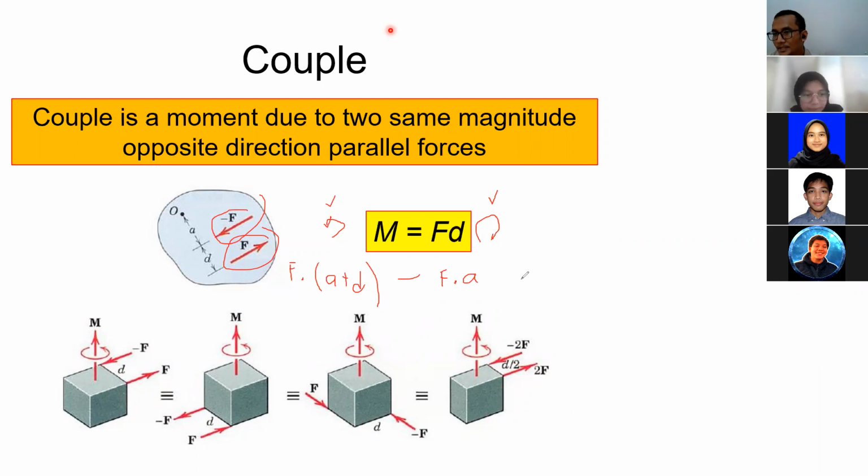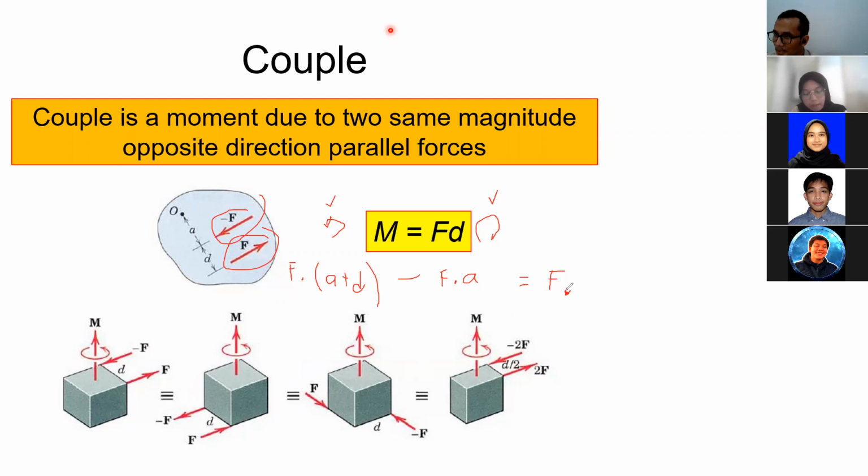So what is the total moment? F multiplied by A plus B, minus F multiplied by A. What's the total? It's simple, right, Fatima? F multiplied by what?